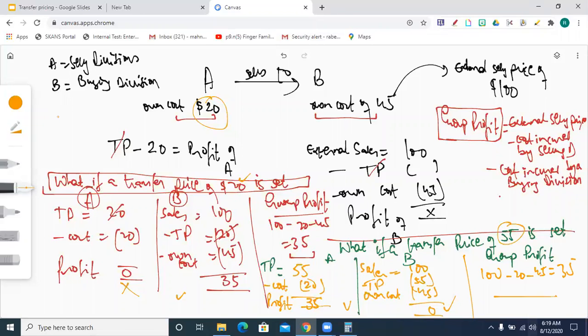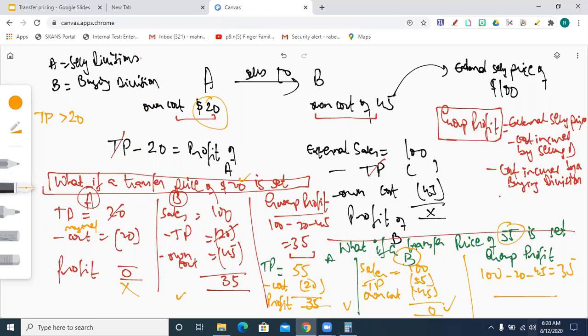The ideal price in this scenario, so as to motivate manager A to sell to B, has to cover the minimum transfer price, which would be greater than its own marginal cost of 20. And the maximum, what would B be ready to pay?